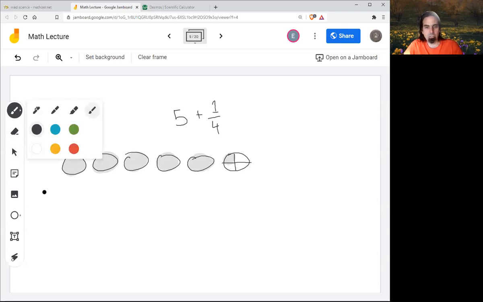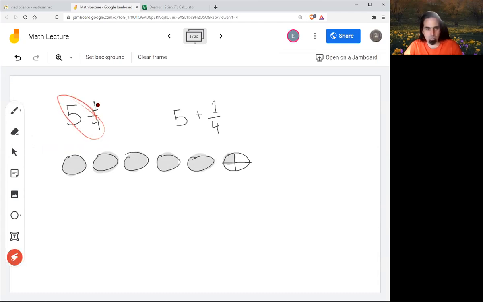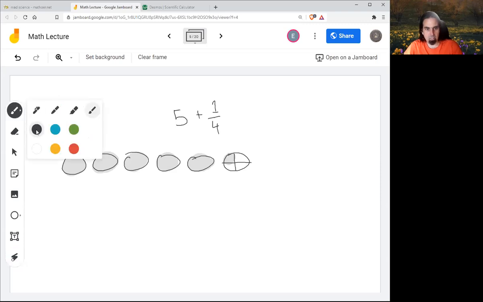And if I wanted to simplify that and make an improper fraction, which I'm not always sure I would agree is simplifying, then I could do what was just mentioned, 5 times 4 and then plus 1, and I get 20/4. Oops.